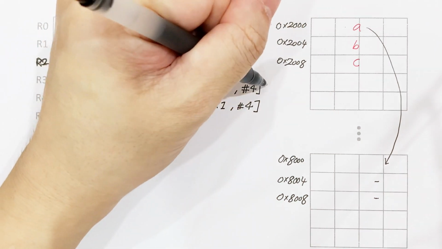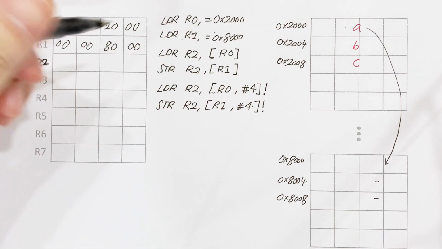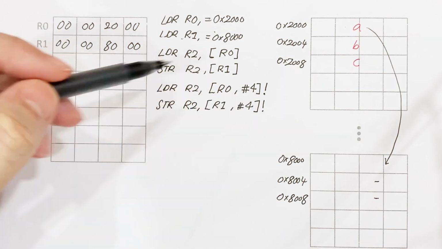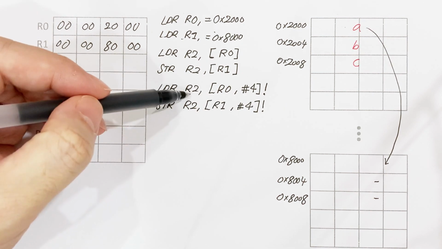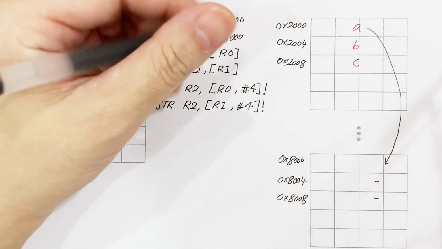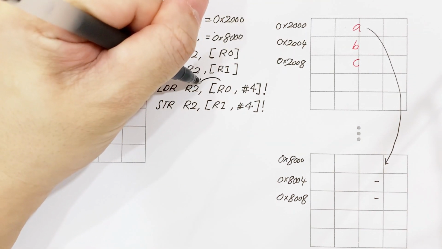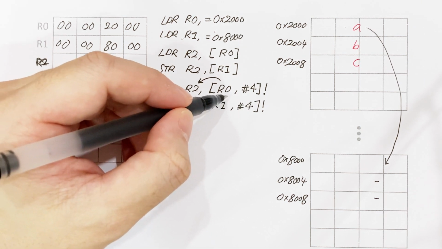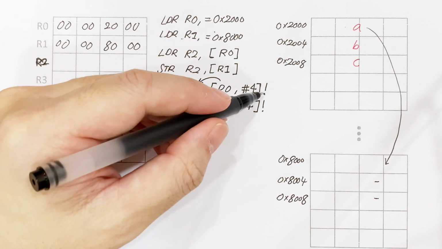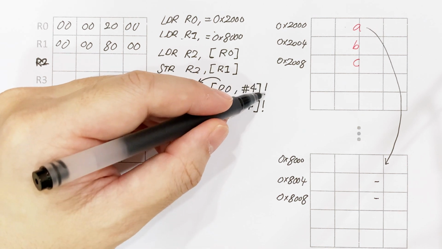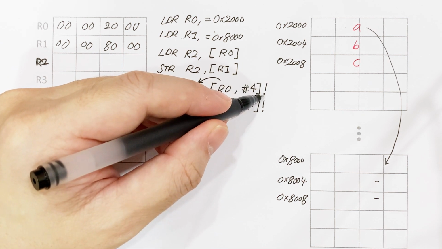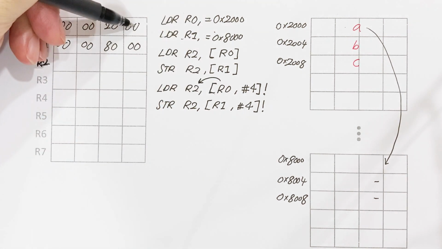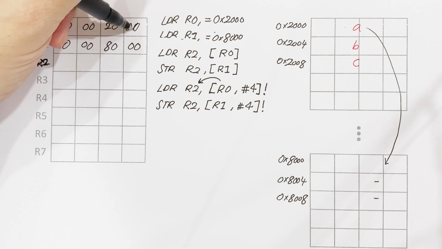However, I'm going to add the preindex addressing mode to these two instructions. So after we have loaded the value from the memory to register 2, I'm going to modify the value in register 0, as noted by this preindex exclamation mark, to change R0 from 2000 to 2004.